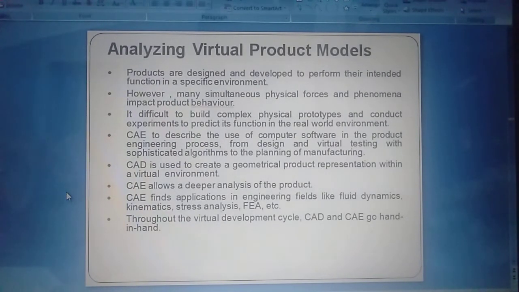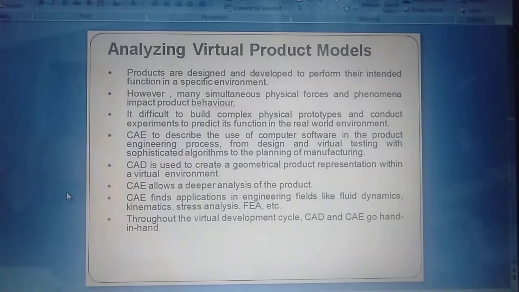As you know, building physical prototypes is somewhat complex and you have to conduct experiments on them. If it is a destructive type of experiment, you have to build a prototype once again. So it is a difficult one.